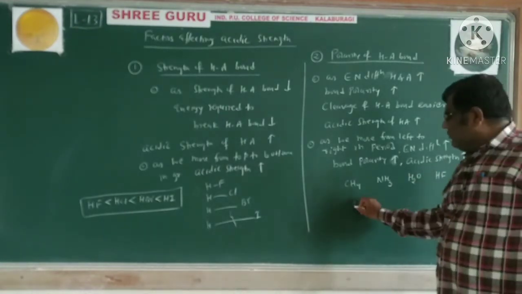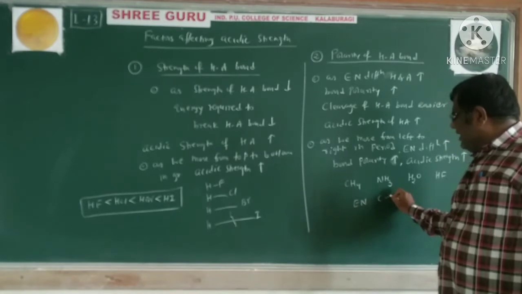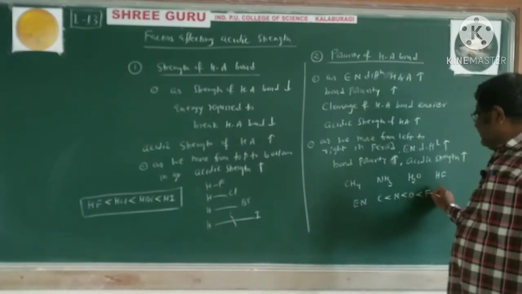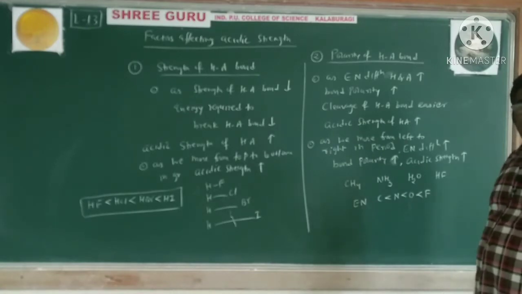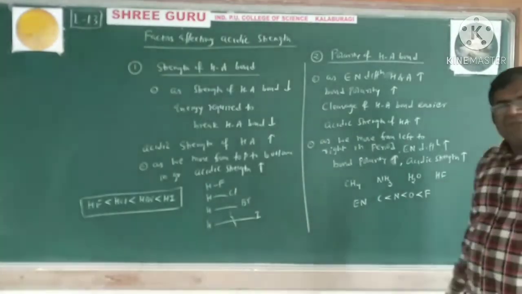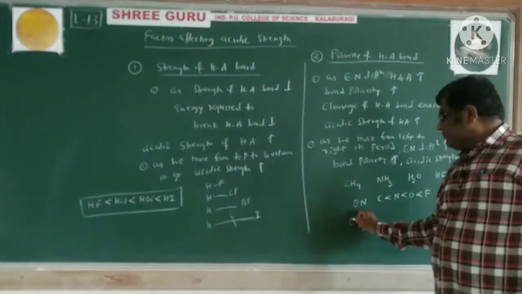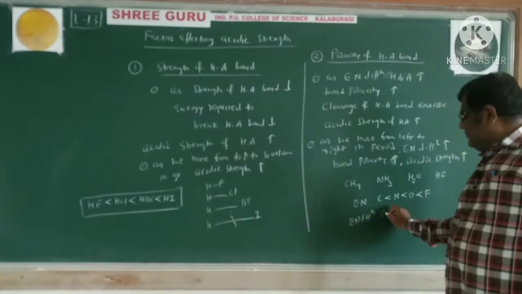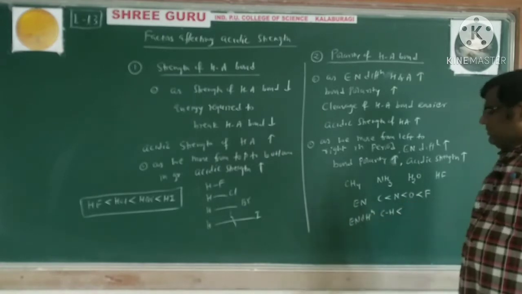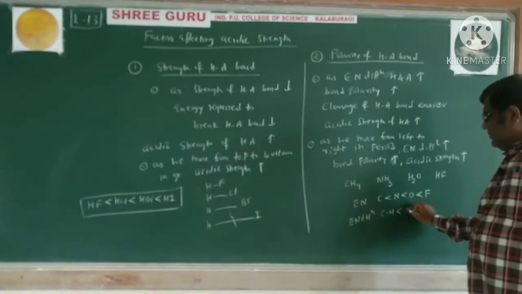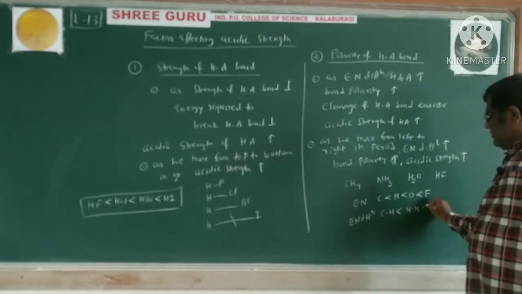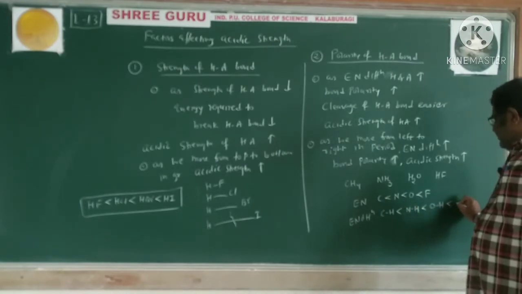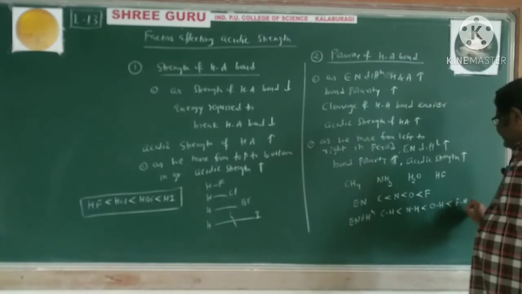We know that electronegativity of carbon is less than nitrogen, less than oxygen, less than fluorine. Fluorine is the most electronegative element of the periodic table. So electronegativity difference in CH is less than NH, is less than OH, is less than FH.